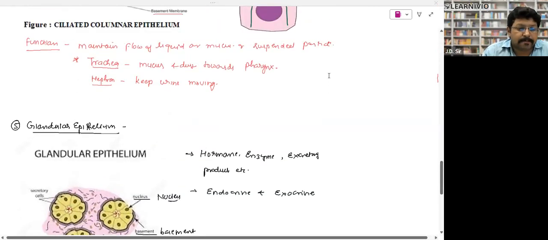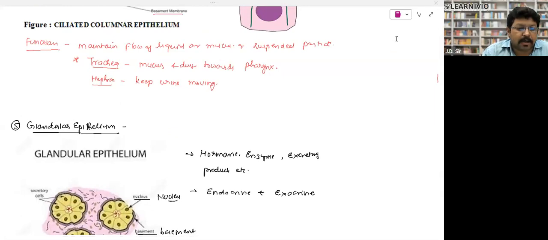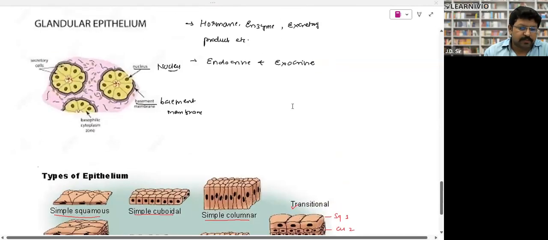Clear? Martin, Yasir, Alia, and Elam, go through the complete epithelial cell. If you have any doubt, please ask me right now, then we will go ahead.